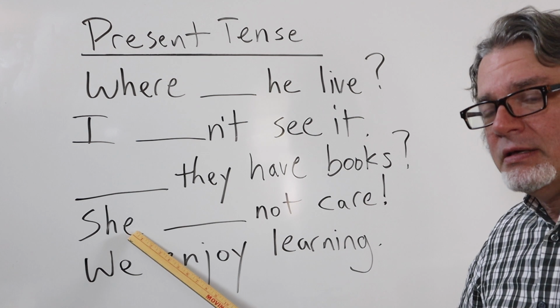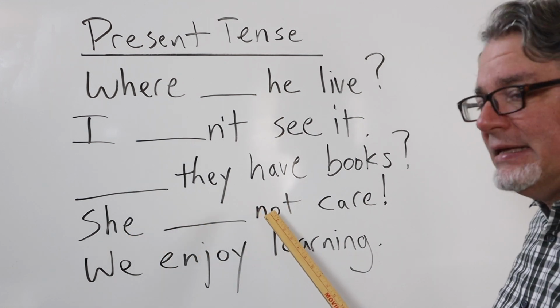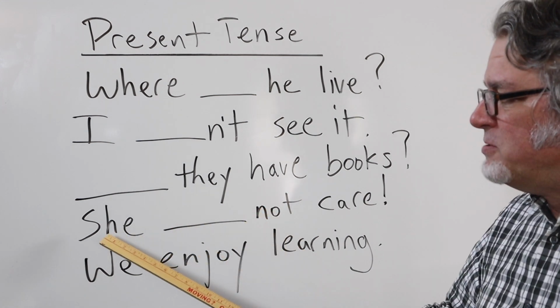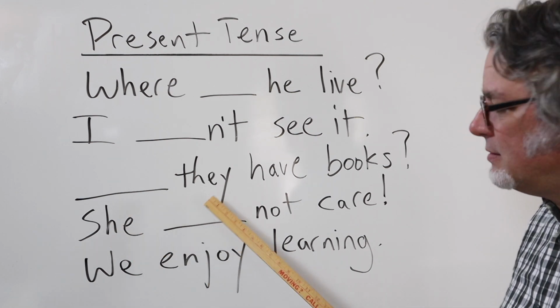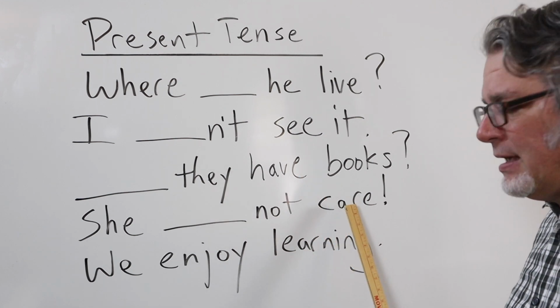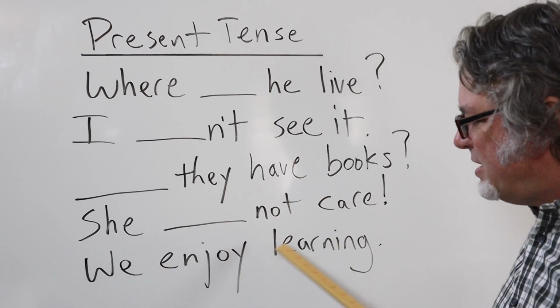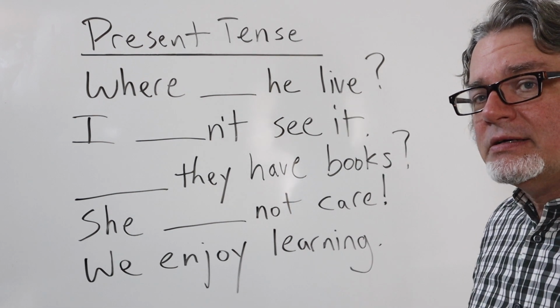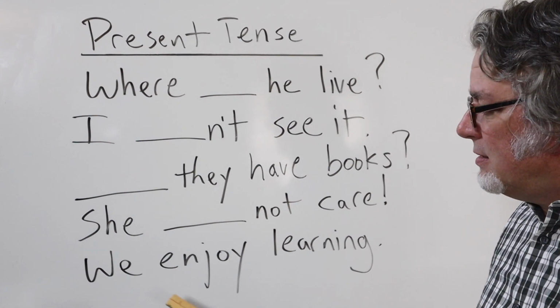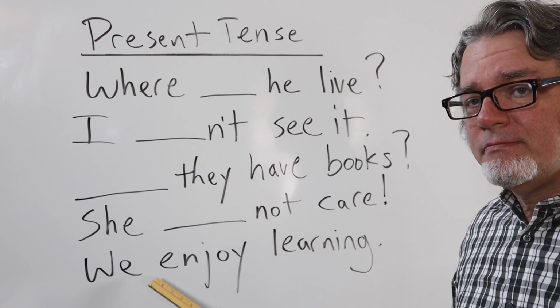This is a sentence, it's negative. Here's the subject, she, what goes here, not care. And this is a statement. It's not negative, and it's not a question. There's no helping verb.